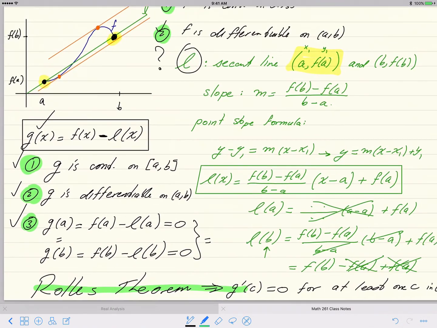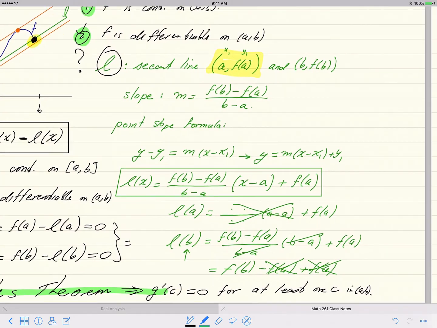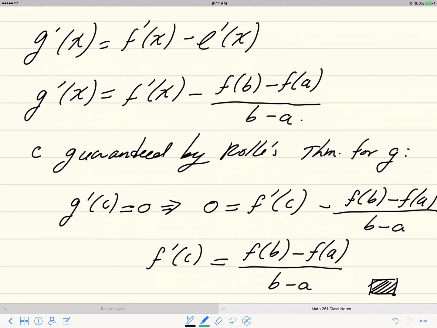Okay, and it turns out that Rolle's theorem makes the function prime, the derivative, equal to 0, but that just makes the original function have a derivative equal to the slope of the secant at some particular number c. So that all comes together in that way.